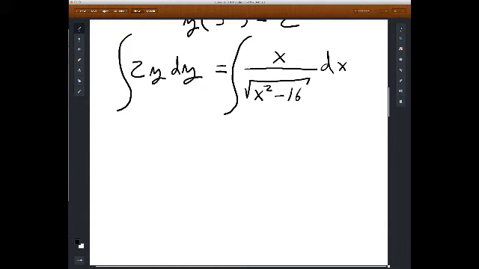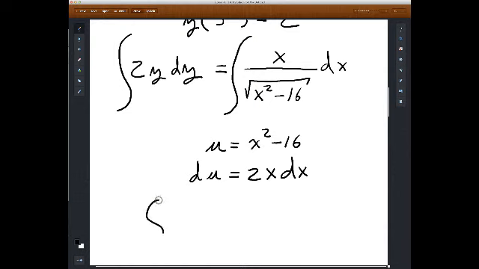So looking at the right-hand side, I'm going to make the substitution u is equal to x squared minus 16. So then du is the derivative of x squared minus 16 with respect to x, or 2x, and then dx. So what we see is that I can rewrite my integral.